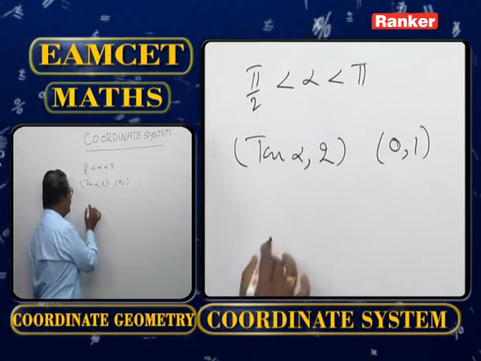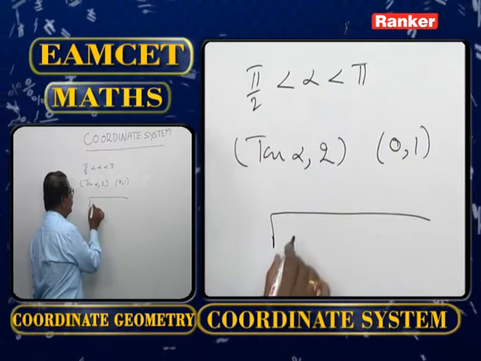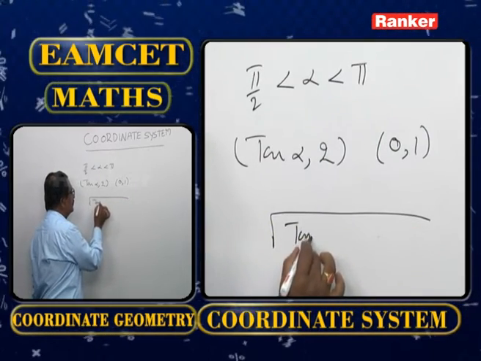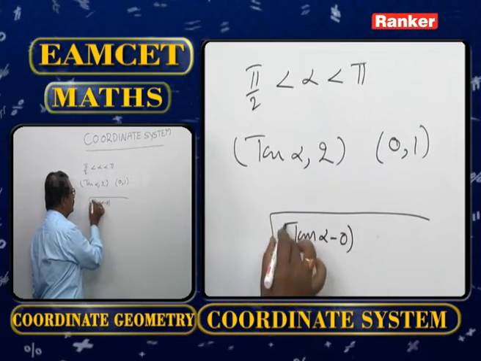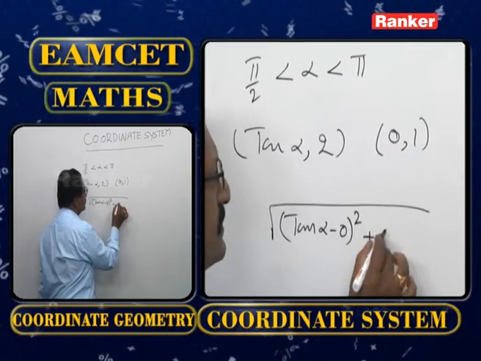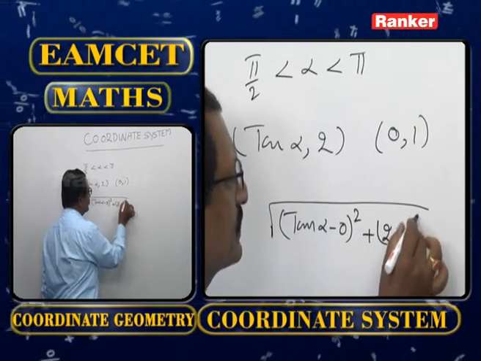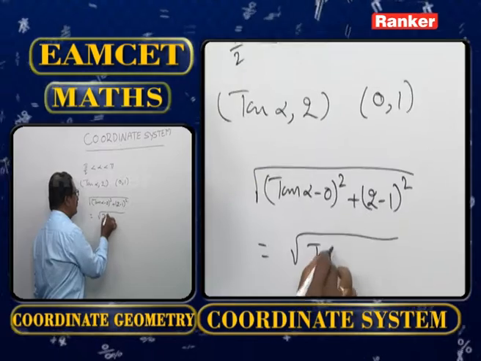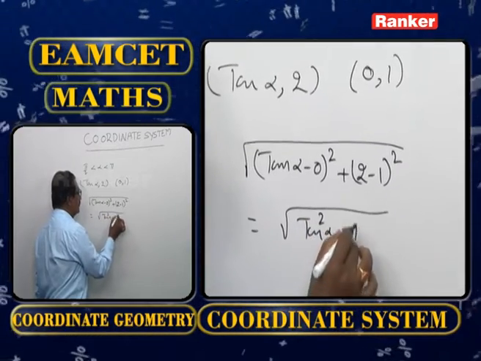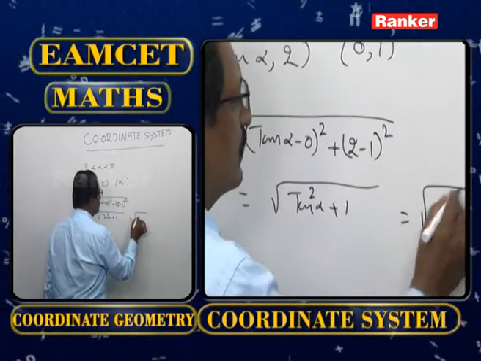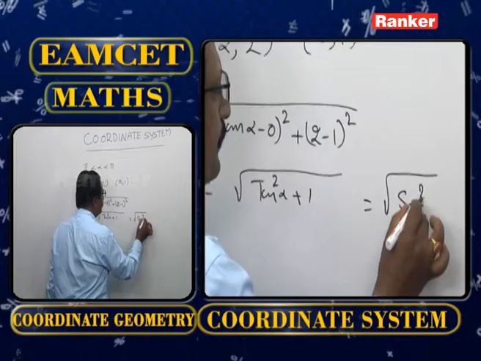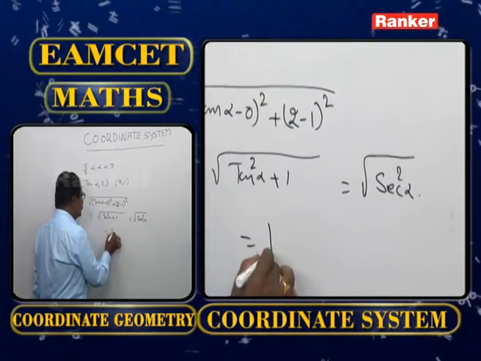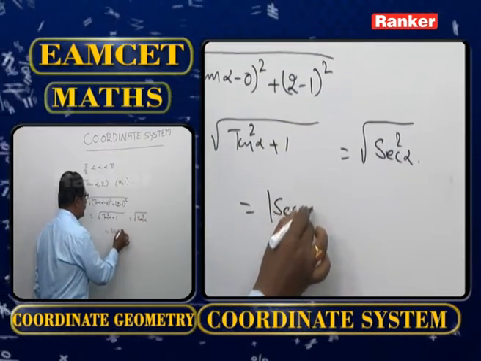Now the distance between the two given points equals the square root of (tan alpha minus 0) whole square plus (2 minus 1) whole square, which equals the square root of tan square alpha plus 1, which equals the square root of secant square alpha, that equals mod of secant alpha.